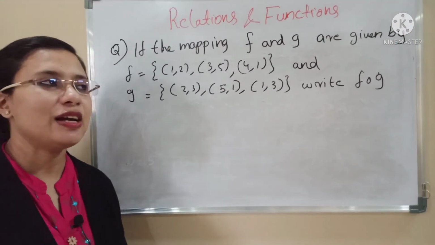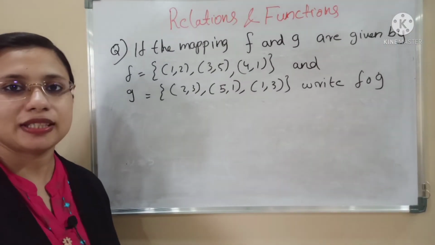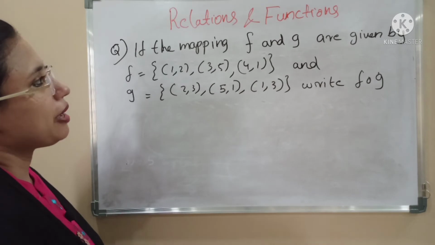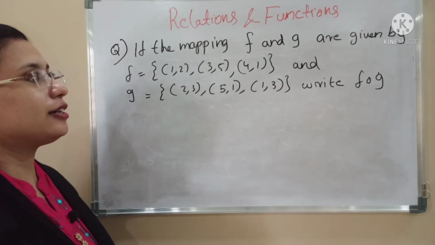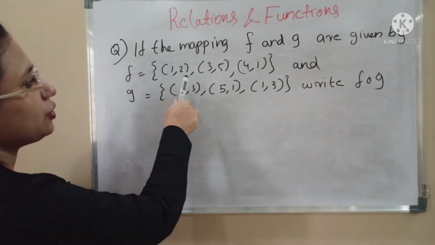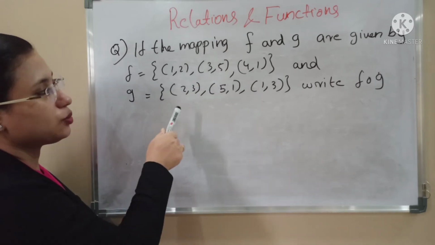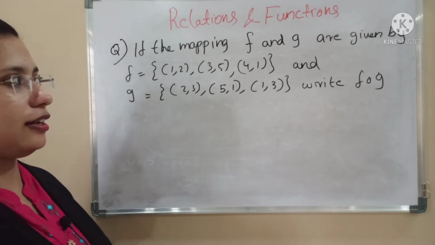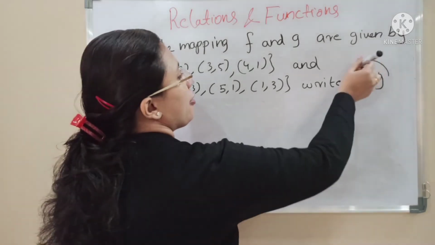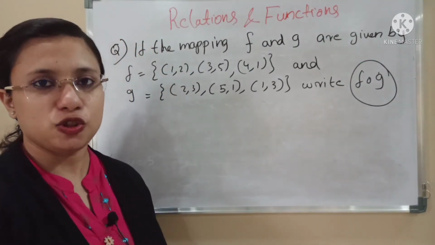Now we'll see the next question: if the mappings f and g are given by f = {(1,2),(3,5),(4,1)} and g = {(2,3),(5,1),(1,3)}, write f composite g.